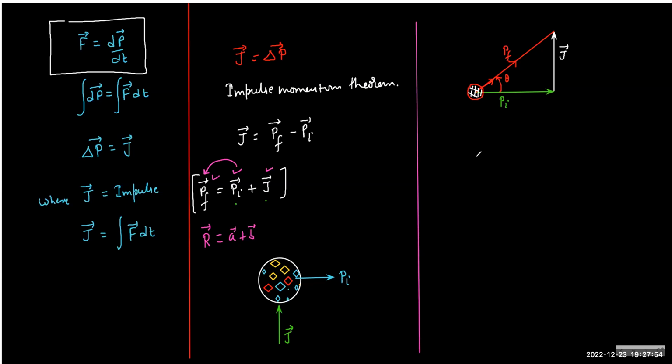Now you can also find that because dimensionally everything is the same, momentum, force and time are having the same dimension, kg meter per second. So we can also find the modulus of PF. Because these two vectors will have some angle, let me make it a general answer.